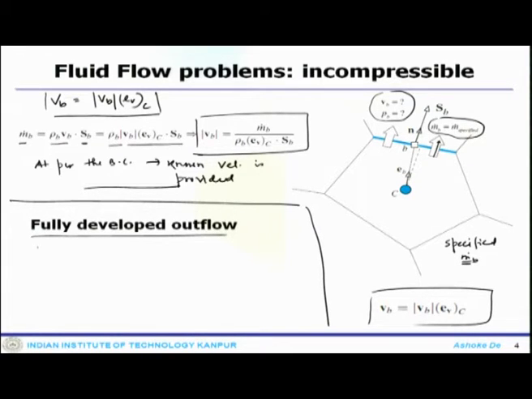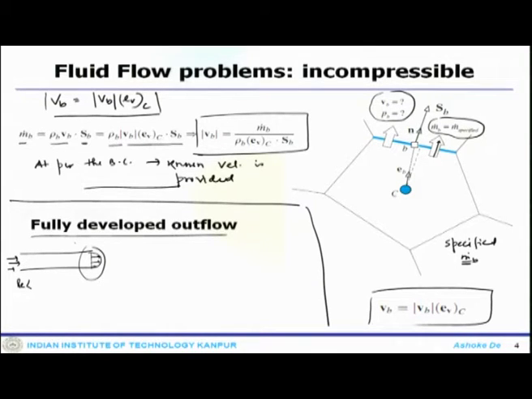For a very simple example, one can think about a flow through a channel, and if it is laminar, very low Reynolds number, then there is an inflow and at the channel outlet it will take a parabolic profile. So, that is a fully developed parabolic profile. If the flow field is turbulent, then at the end of the channel this could be a fully developed turbulent profile. So, this is what the fully developed profile means.